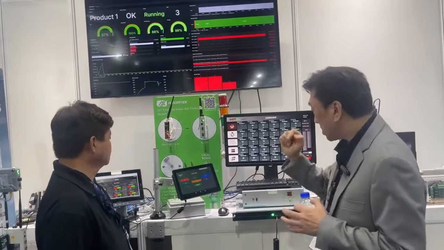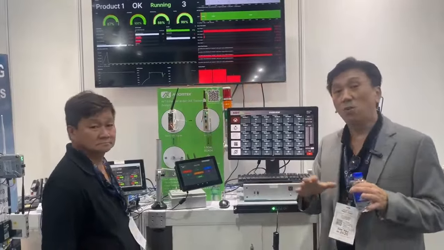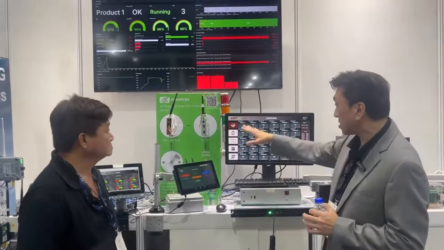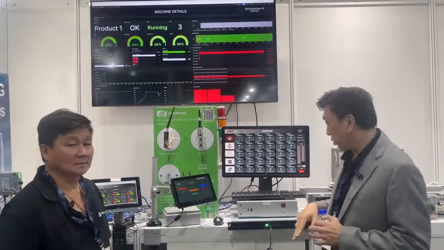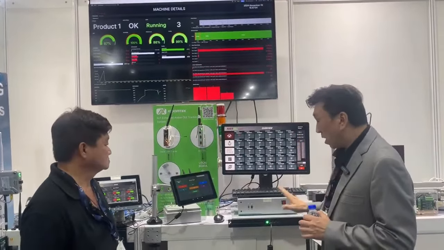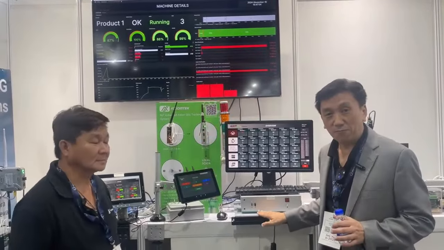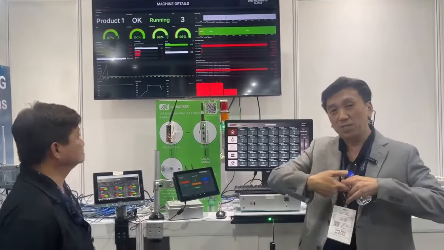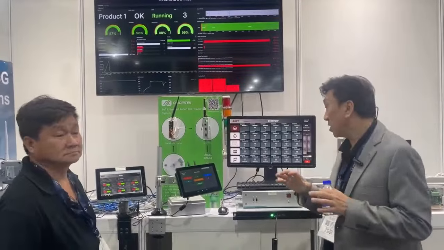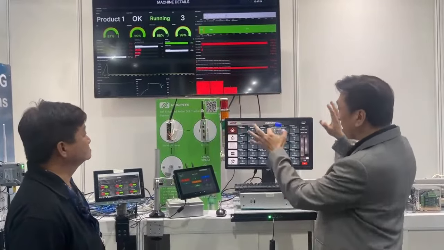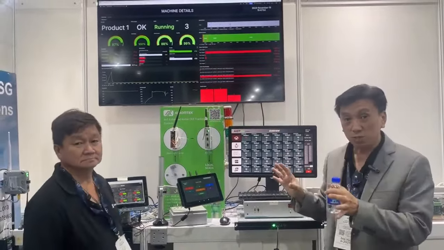So second, and then the third one would be the local SCADA system. We can link this one to a local SCADA system, so that is component number 3. And plus one, the on-premise cloud platform. This basically integrates together with the SCADA, so it can form a complete data acquisition system.